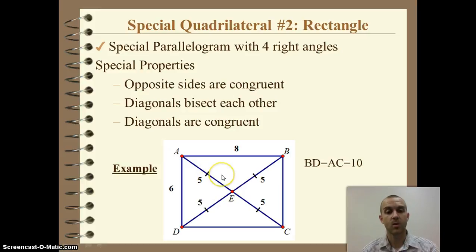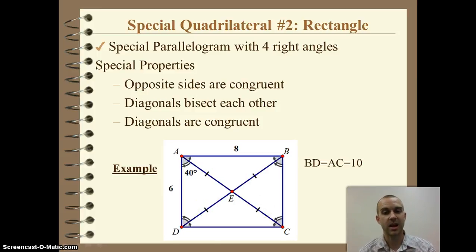What that creates is four isosceles triangles, with the opposite ones, the ones that kind of invert on each other, being congruent to one another. They're congruent triangles by side, because this is 6, 5, 5, and 5, 5.